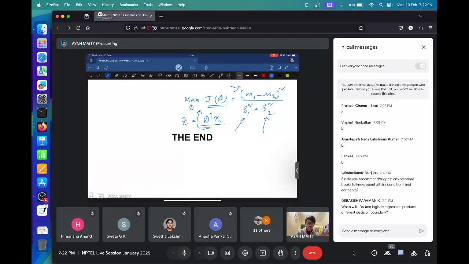Are you asking for different algorithms, whether it will be different? For the same algorithm, if the data points are different, then the decision boundary might also be different.